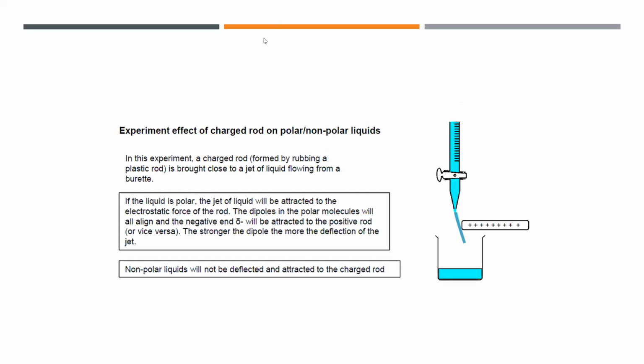If a jet of liquid coming out from the burette is deflected, it means it is polar. If it is not deflected, it means it is non-polar.